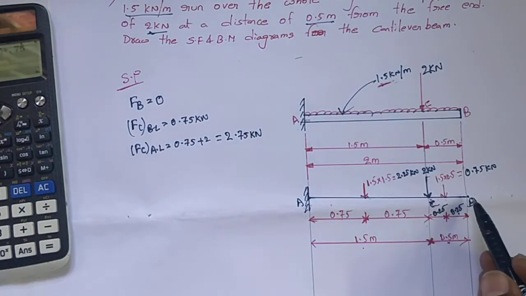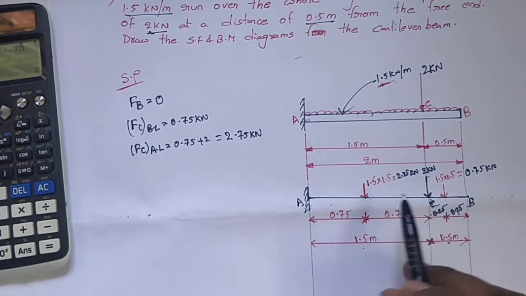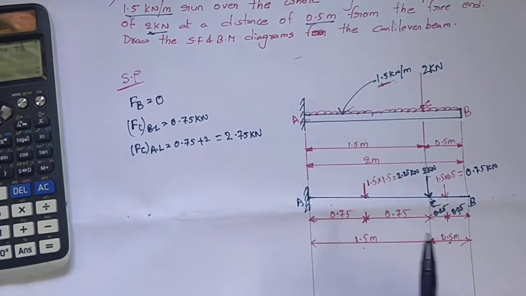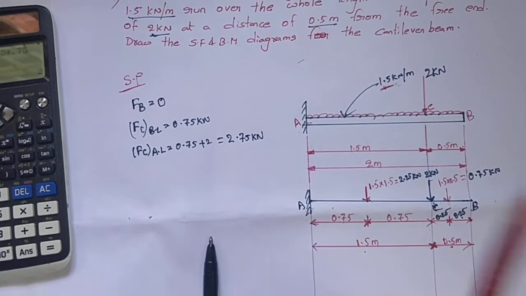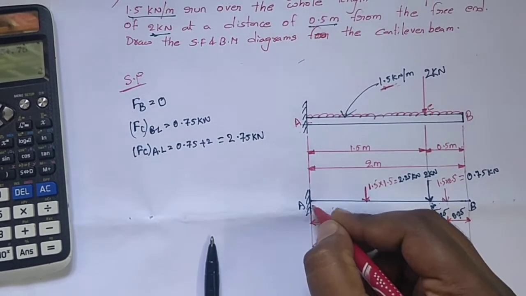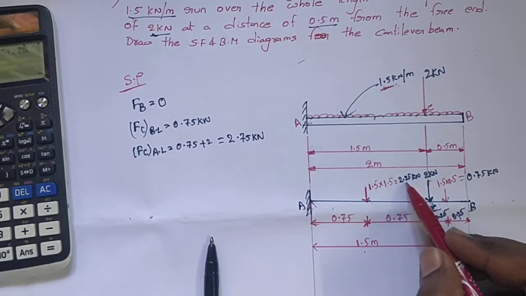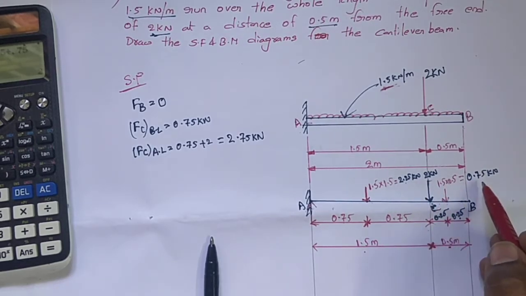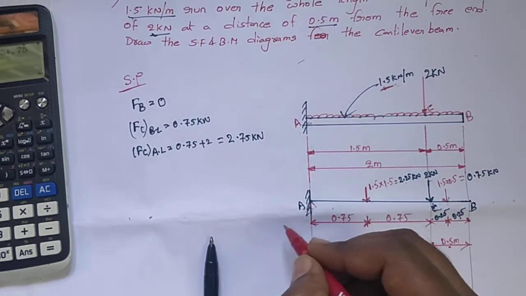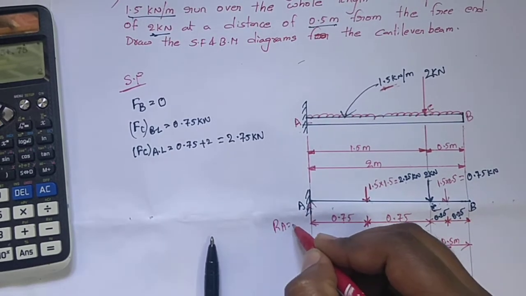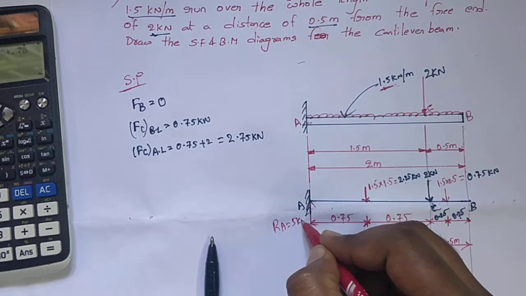Okay, now we completed point B and point C. Similarly, we need to calculate at point A. At point A a reaction force is acting. The total load on the beam is 2 plus 2.25 plus 0.75, that is 5 kilonewtons. Therefore the reaction at point A is 5 kilonewtons, the same as the total load on the beam.